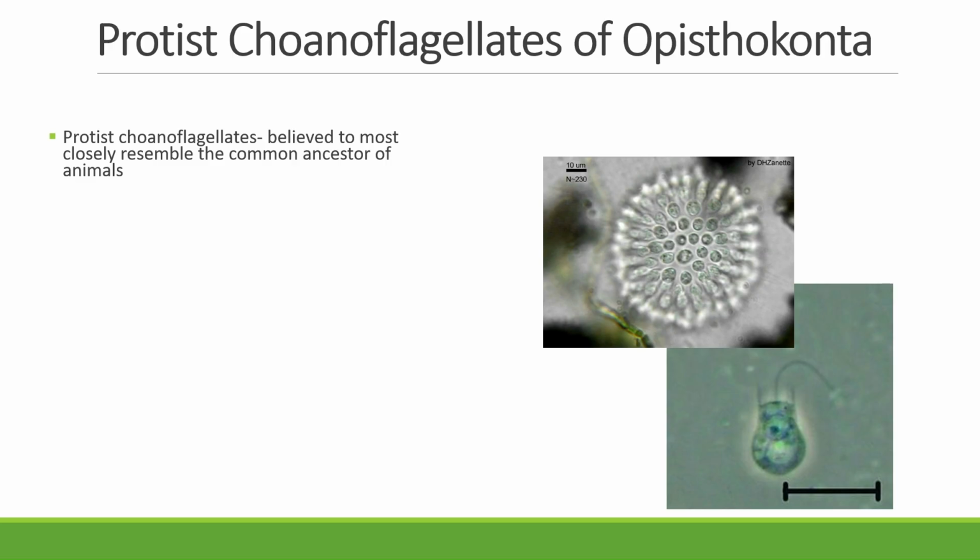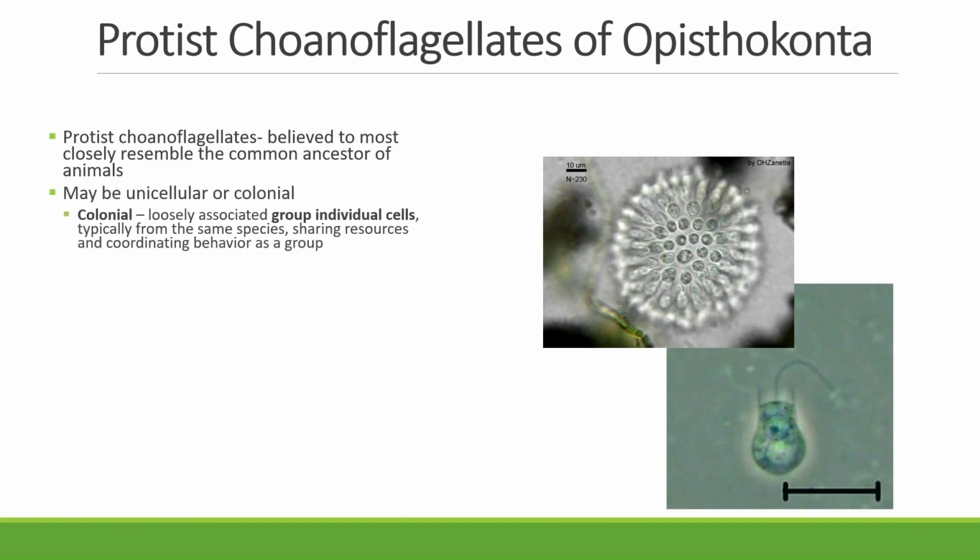They tend to be unicellular, but interestingly enough, as you see in the upper left, there are also colonial forms. Colonies aren't multicellular organisms, but it's certainly a step in that direction.